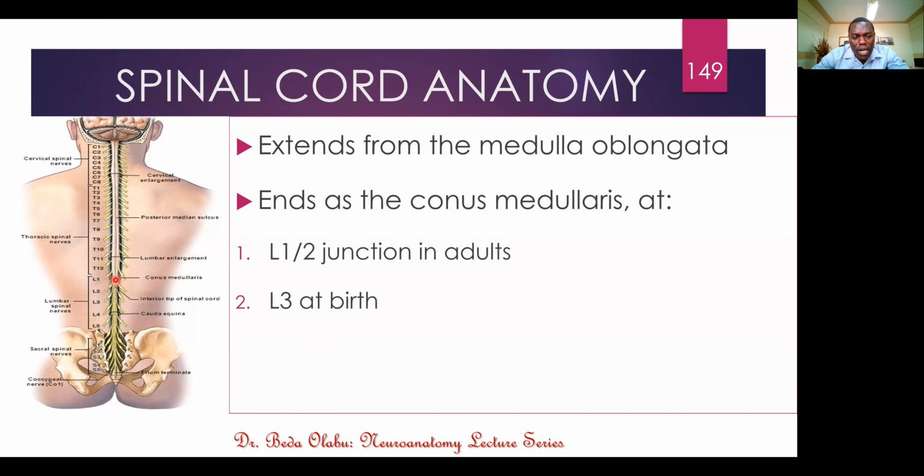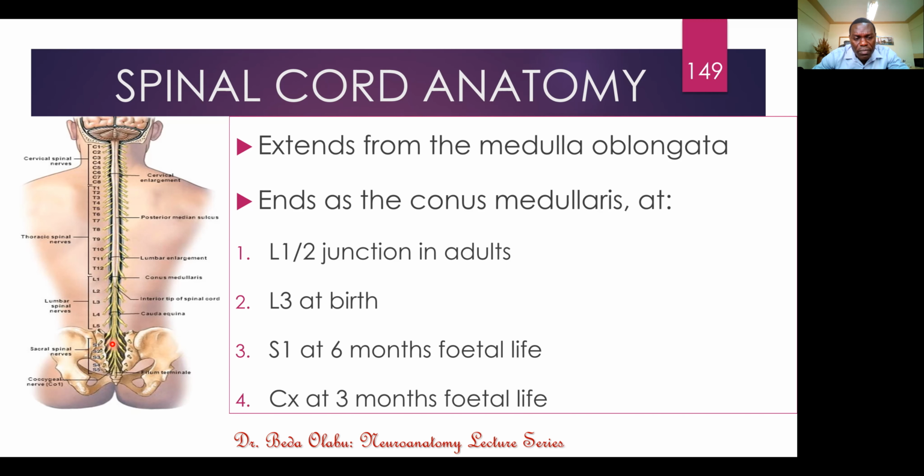At the time of birth, the conus medullaris will be ending somewhere here, at around the third lumbar vertebra. When the fetus is in the uterus, at around the 6th month, the conus medullaris will be extending up to somewhere here, the first sacral vertebral level.